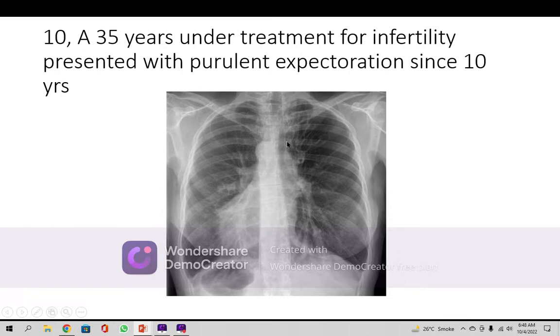The treatment is just to manage it as a purulent expectoration. So the treatment is for the COPD. In this case, just like I previously told you, you will enhance expectoration by postural drainage, chest exercises, and broad spectrum antibiotics for a prolonged period of time.